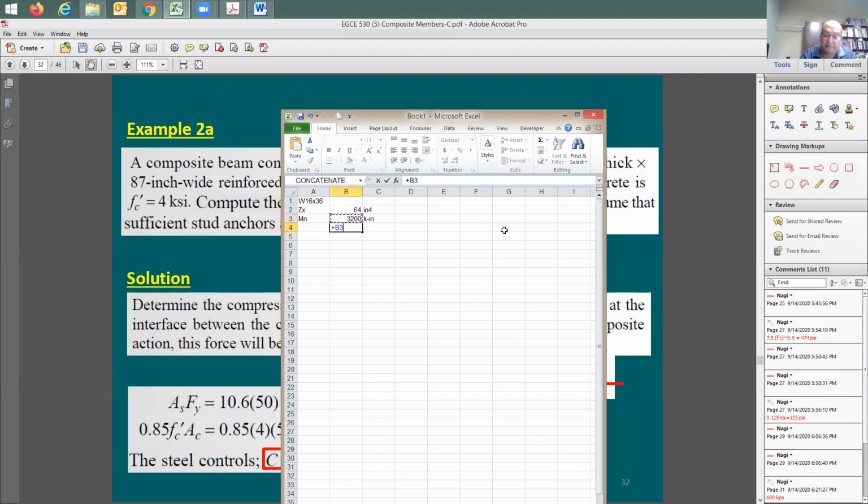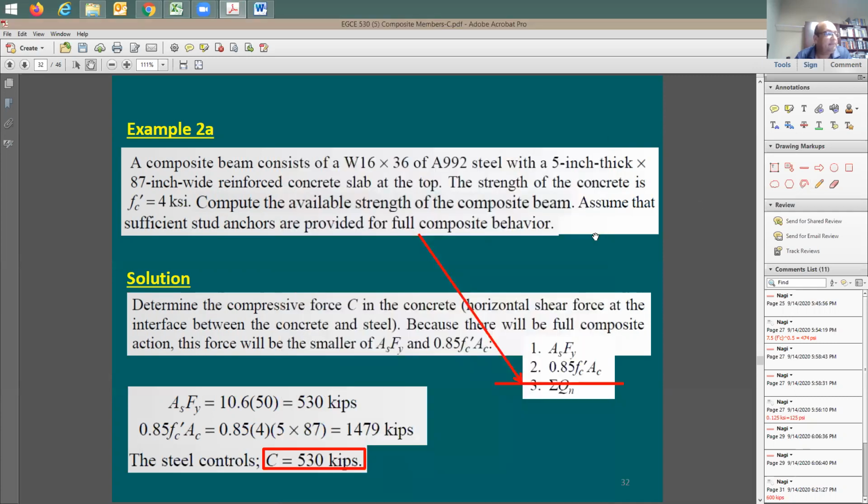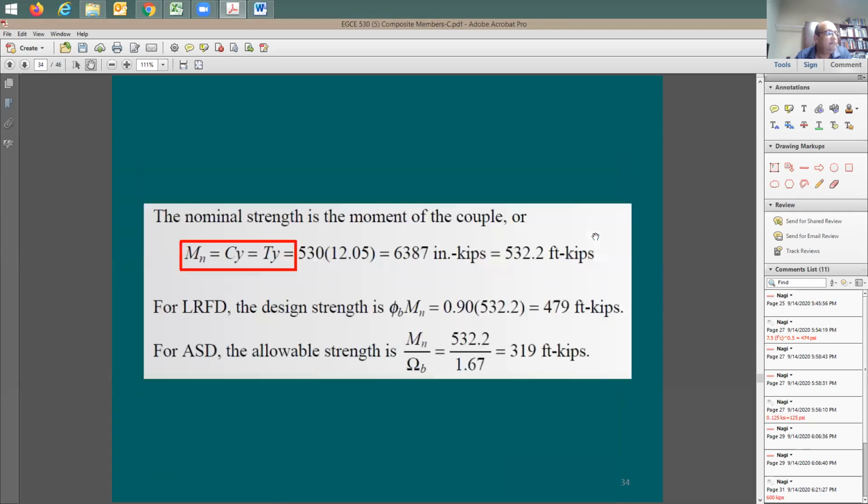Can I do it in kip-foot? Phi Mn. Here is phi Mn in kip-foot: 240. With the composite action, how much would you get? 319.